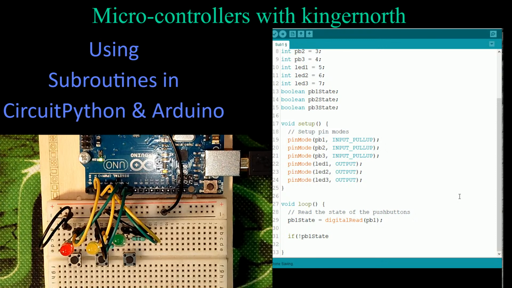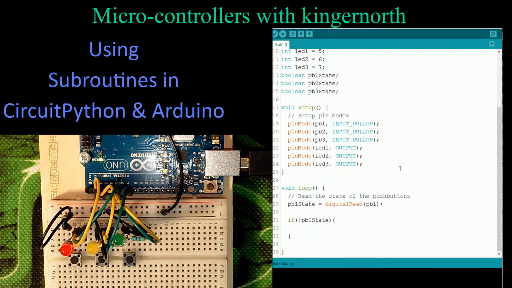So when it's not true, in other words, when it's false, I want to do something inside this brace here. And when I hit enter on that line, it stays indented. It indented me again by default, and it gave me both the opening and the closing. Just by clicking on the opening brace, it gave me the closing brace automatically.